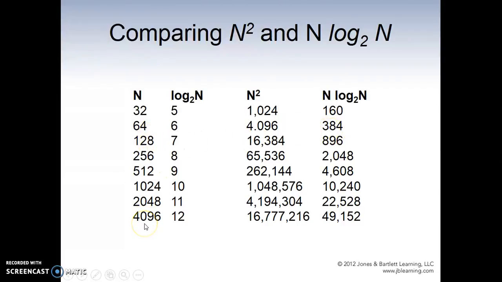When n is large, like 4096, bubble sort, insertion sort, and selection sort are no longer efficient. It costs about 17 million operations, but n log n only costs about 49,000. This is the worst case, so n log n should be better.